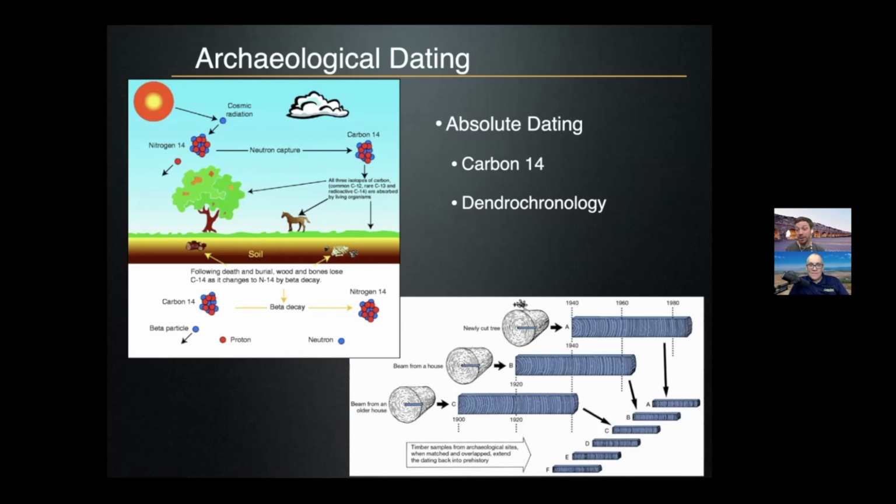So let's jump tracks here. We have our pottery, our ceramics, and that gives us our relative dates. It doesn't pin it to the calendar, it just tells us what came first, what came after, and so forth. We do have other means of dating things that give us specific calendar dates, and this is what we call absolute dating.